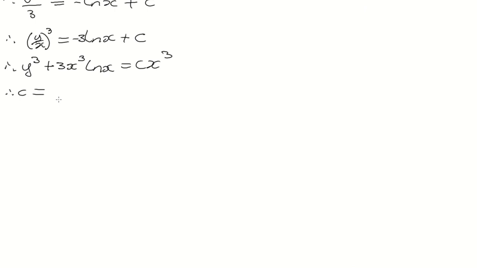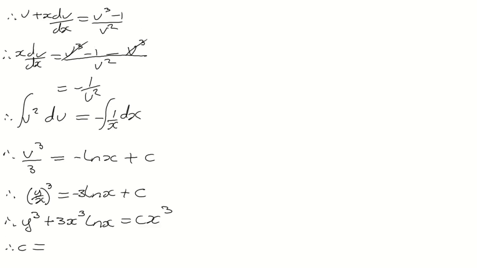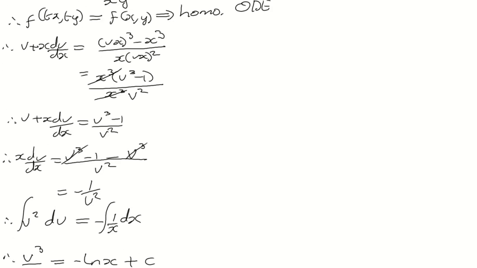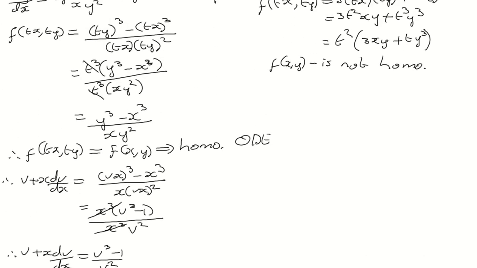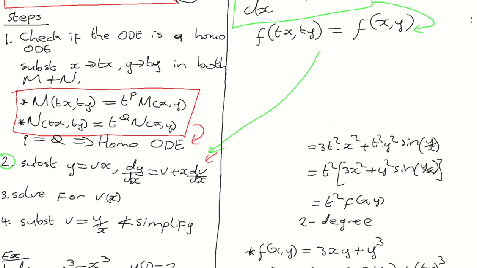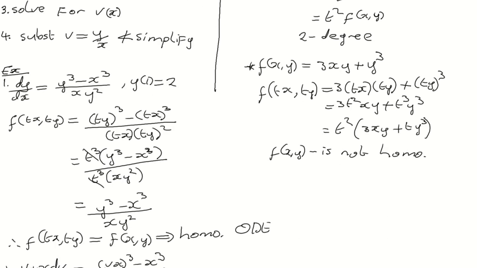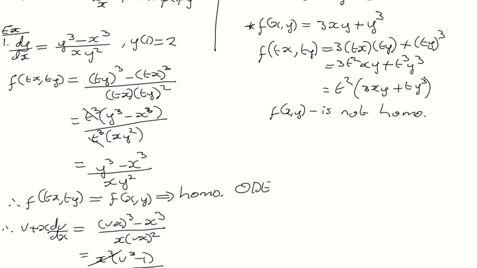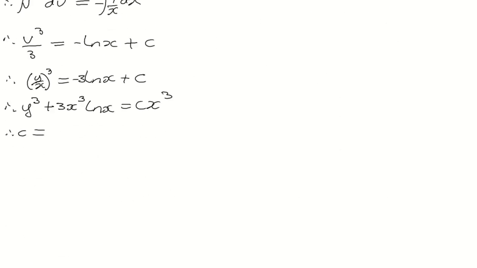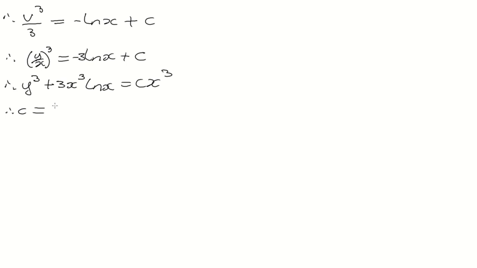So c is equal to, I forgot. Let me check. I'm looking for the conditions. Oh, x is 1, y is 2. Okay, so it's simply just a 2. Okay, let me just leave it.